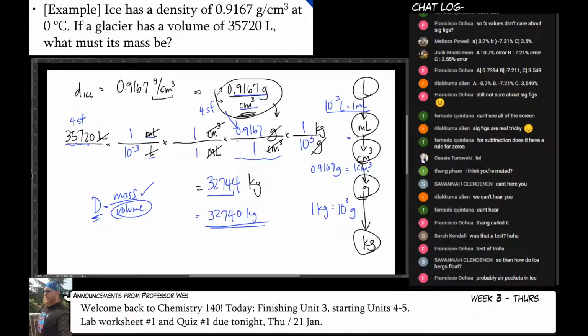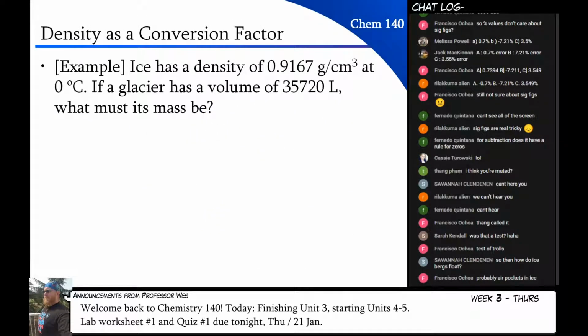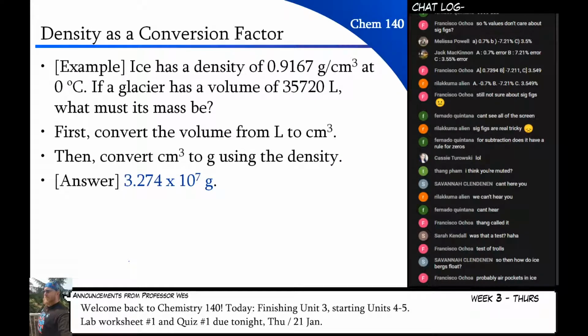I could give you the mass, and you'd be asked to calculate the volume. So in this first spot, you'd just put mass, and then you'd go through the same decision tree, connecting your units in your flowchart. So I did this in grams, but that's the same number.